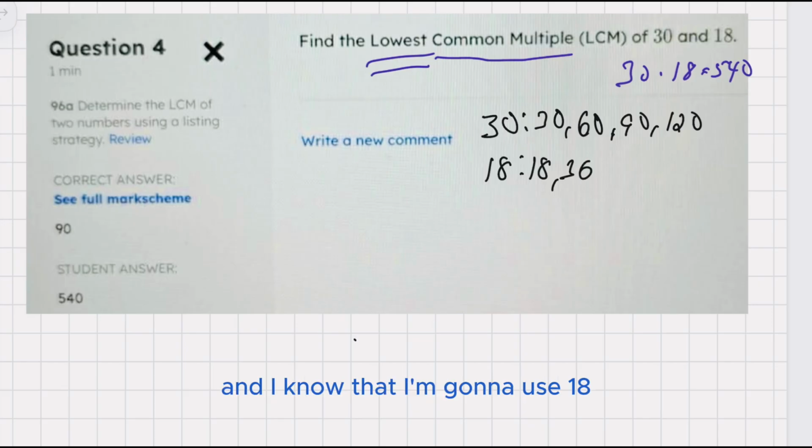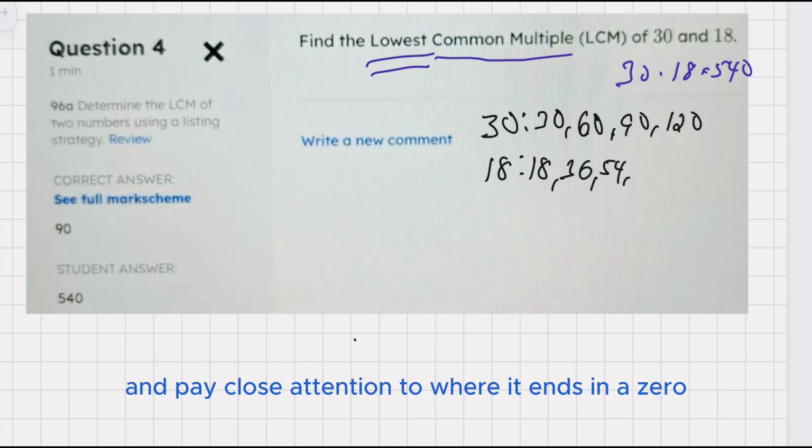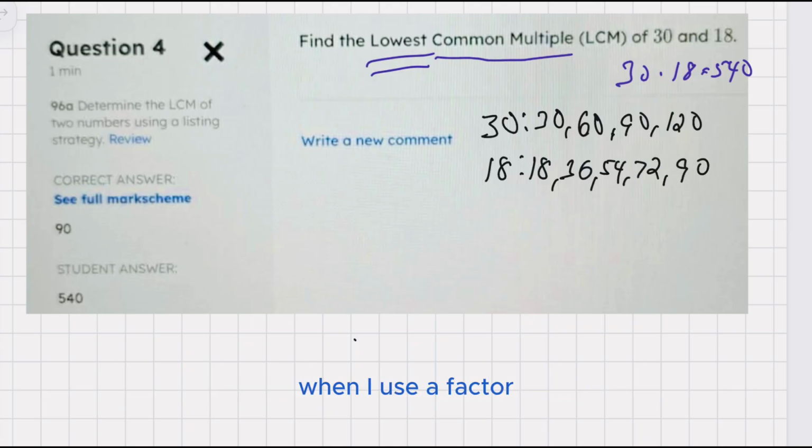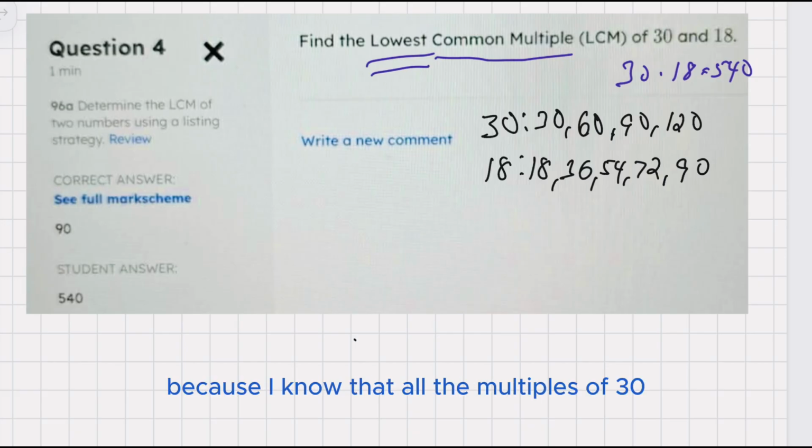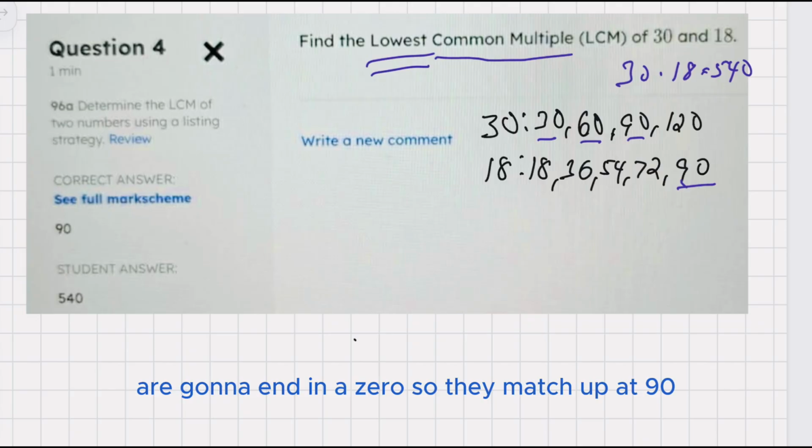I'm going to use 18 and pay close attention to where it ends in a 0 when I use a factor, because I know that all the multiples of 30 are going to end in a 0. So they match up at 90.